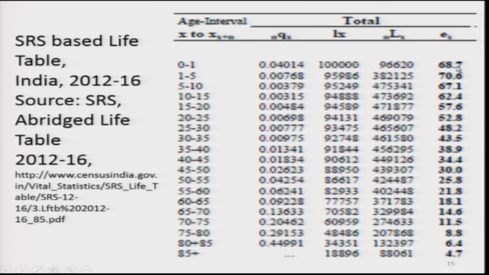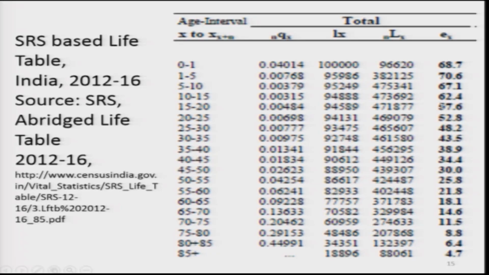Now, you will notice a few interesting things. Life expectancy at 1 is higher than at all other ages. As age advances, life expectancy starts declining, but life expectancy at 1 is higher than life expectancy at 0.